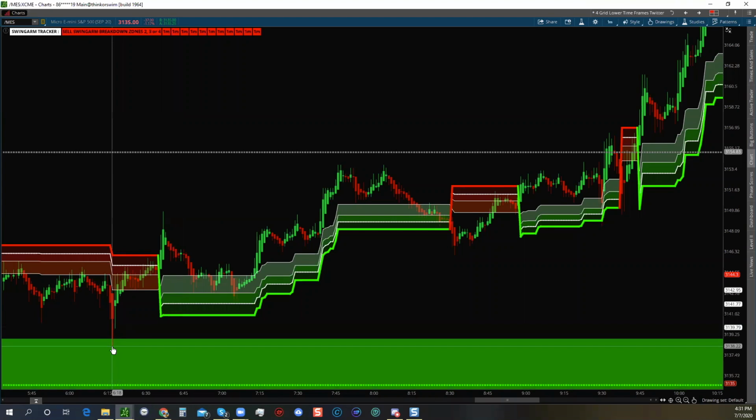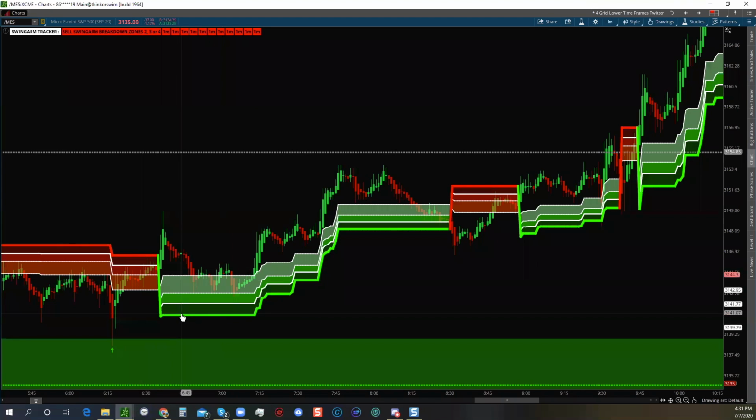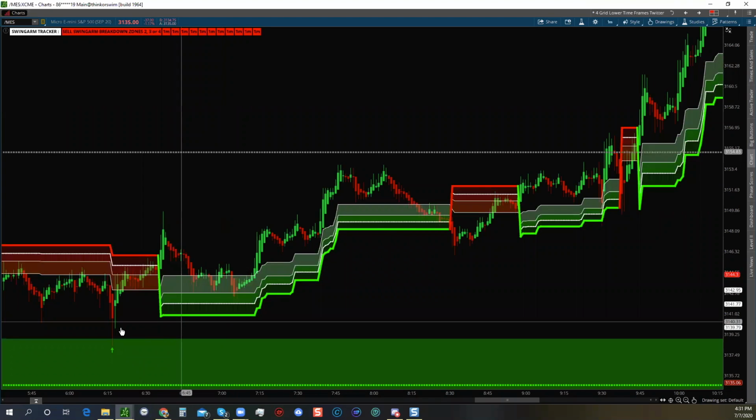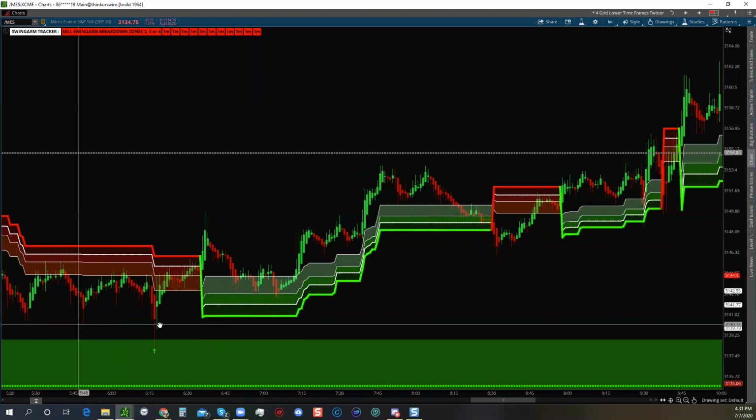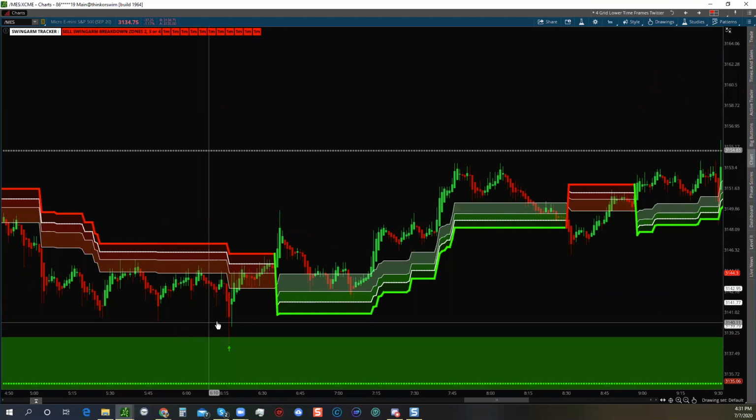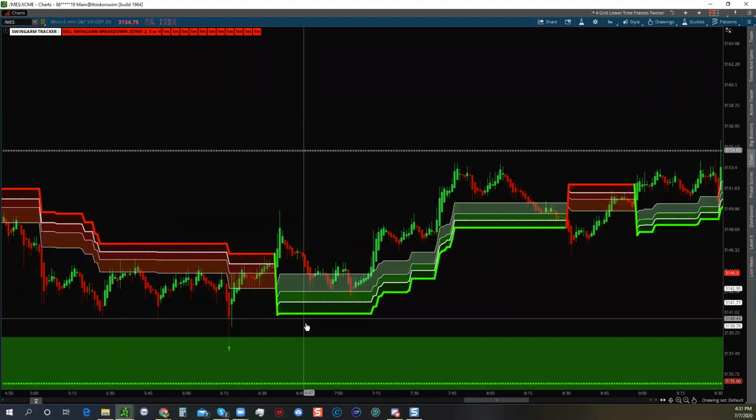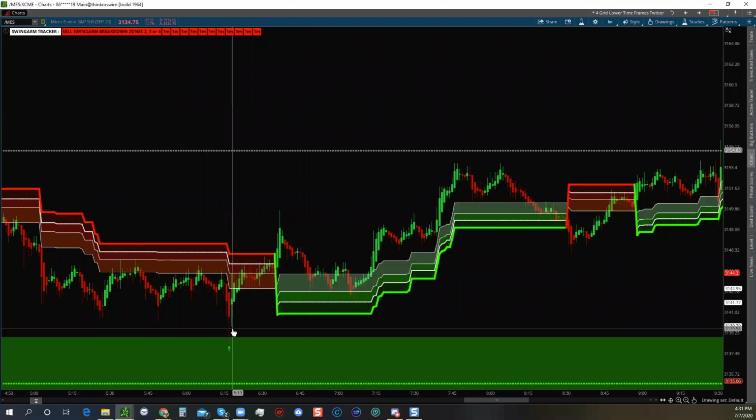Doesn't have to be below this low. The swing arm is already calculated it here, so I'm happy to put it right behind this level. So you just go back in time to see, and the swing arm is telling you more or less where you should be. So I would be behind this line, for example. That's my stop right there.